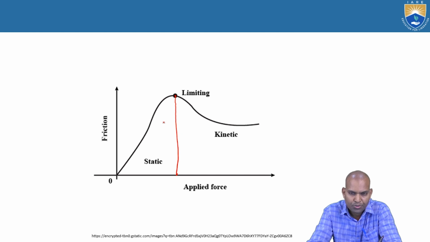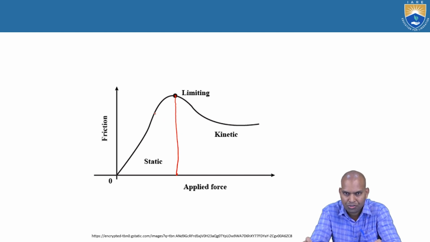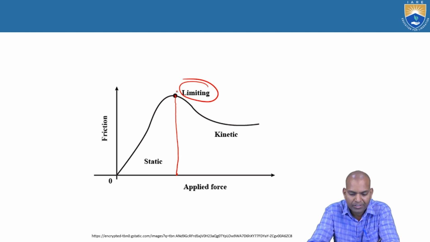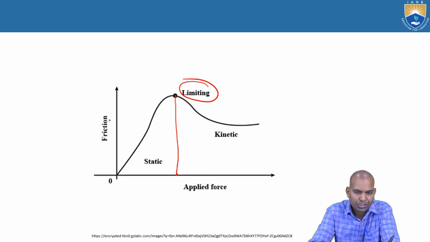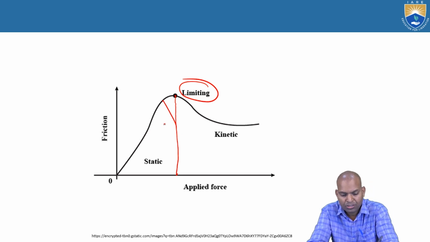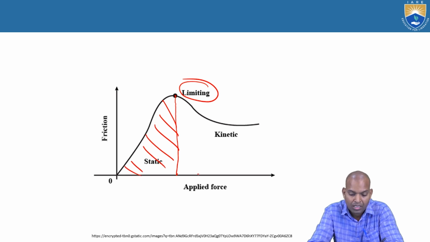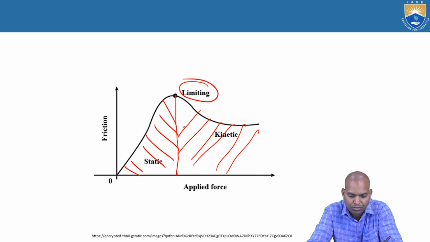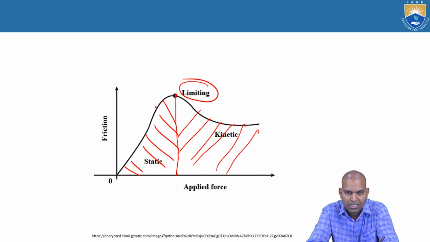But from a conceptual point of view, the edge between them is the limiting friction force, the maximum, after which the body tends to move. When the applied force crosses the limiting friction, the friction is known as kinetic friction. If the applied force is less than the limiting friction value, that zone is known as the static frictional zone. Above the limiting friction value is the dynamic friction zone. So the limiting friction is the junction between static and dynamic friction.